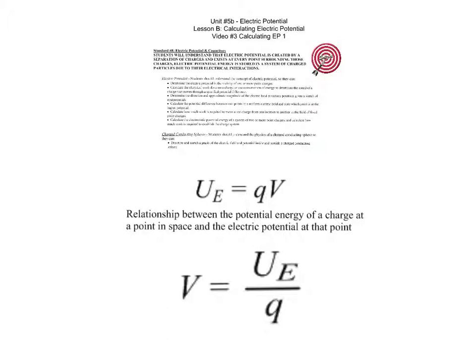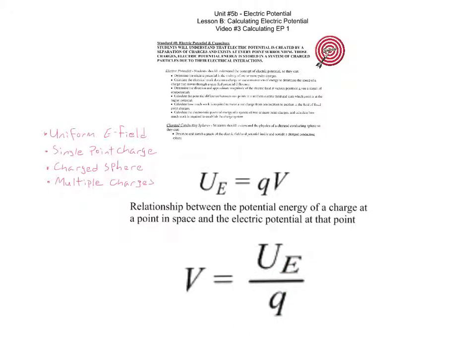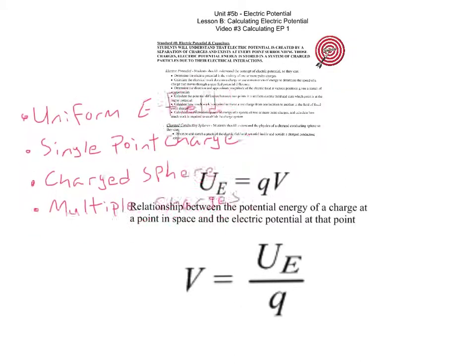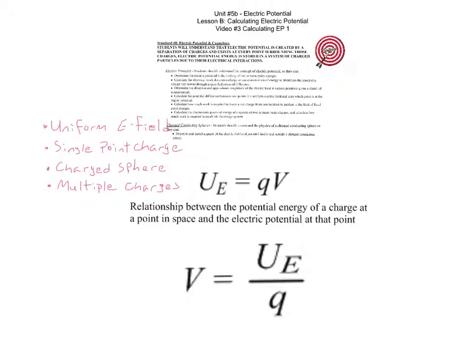And we have to keep in mind that the charge in this case is the test charge that we're dealing with. Our general method for calculating the electric potential in each of these 4 circumstances is to first calculate the electric potential energy of a charge placed at that point, and then use this equation here to find the electric potential. So let's get started.